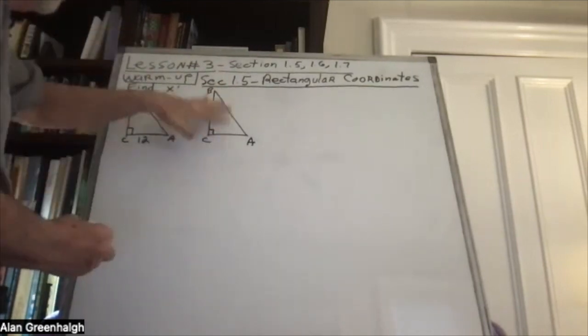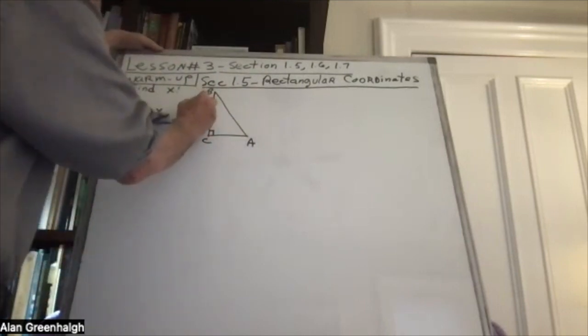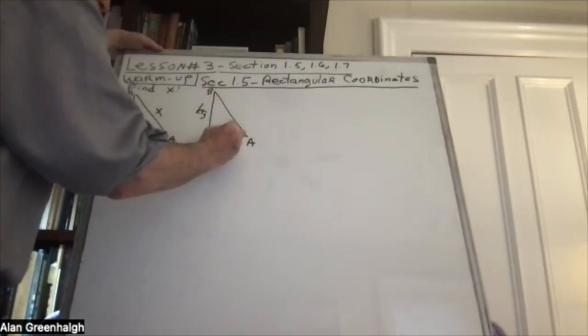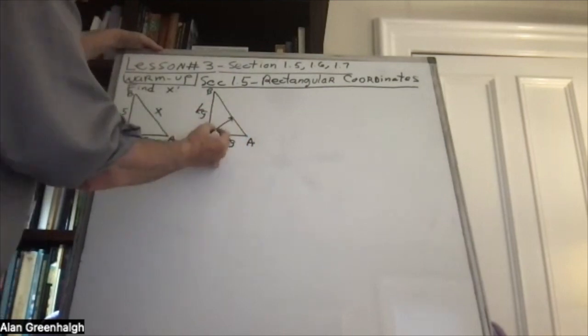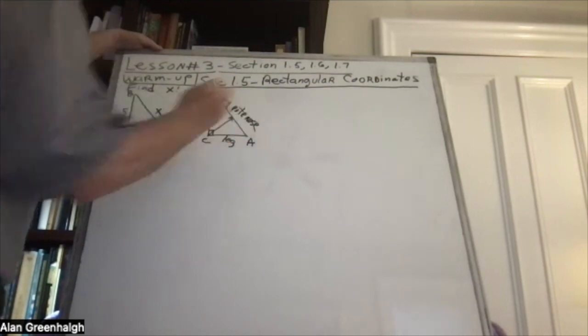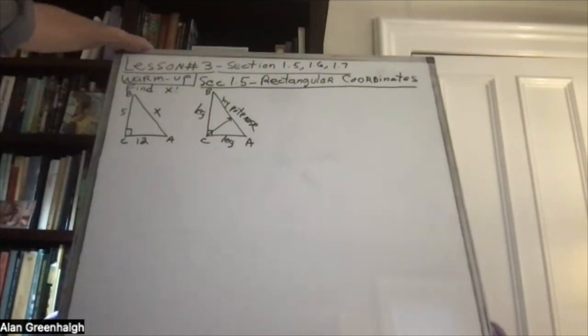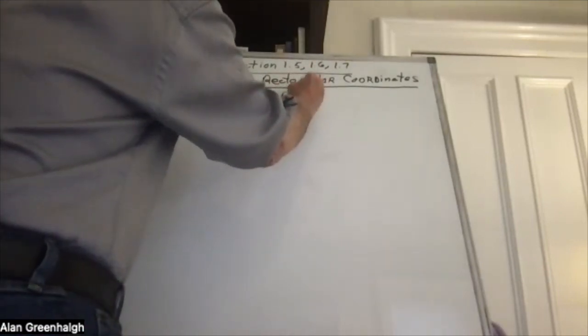In a right triangle, this is called a leg, and the side opposite the 90-degree angle is called the hypotenuse. And there is a very famous theorem that you've all heard about from a guy by the name of Pythagoras.